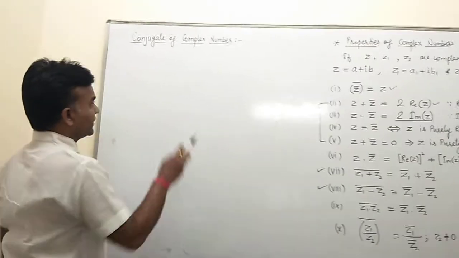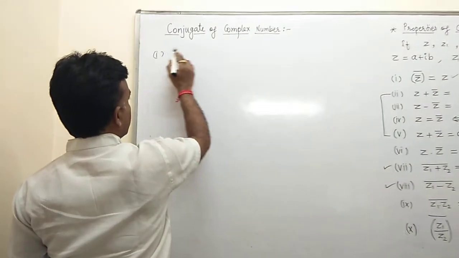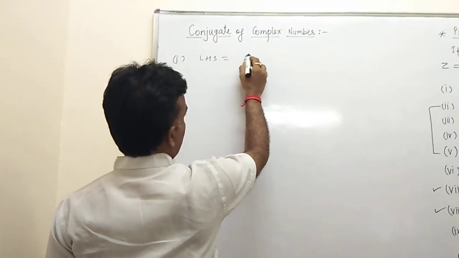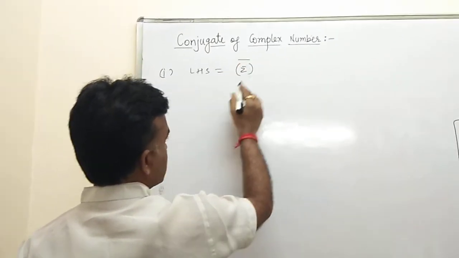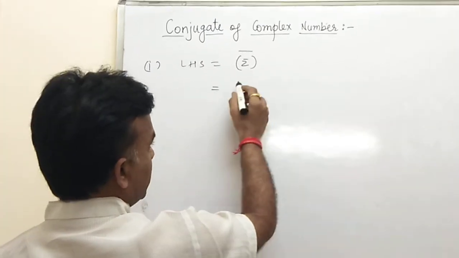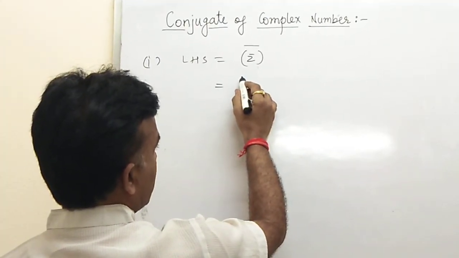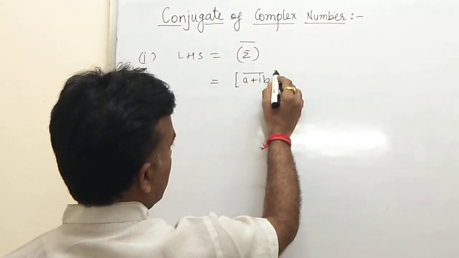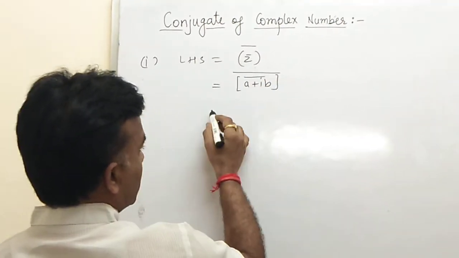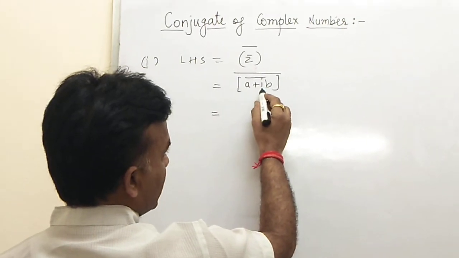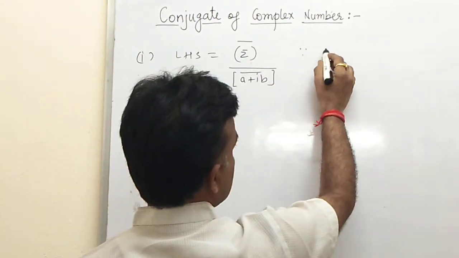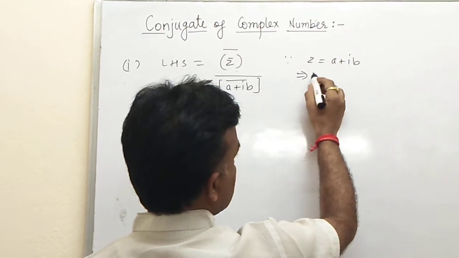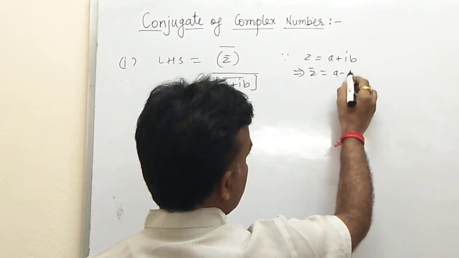We will define all these properties with the help of examples, using the same general term. For the first property, write down the LHS: z bar of bar. We write z as a plus ib, whole bar. We know that one conjugate inside, since z equal to a plus ib implies z bar equal to a minus ib.